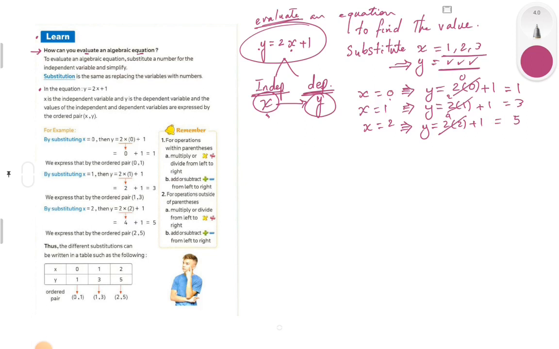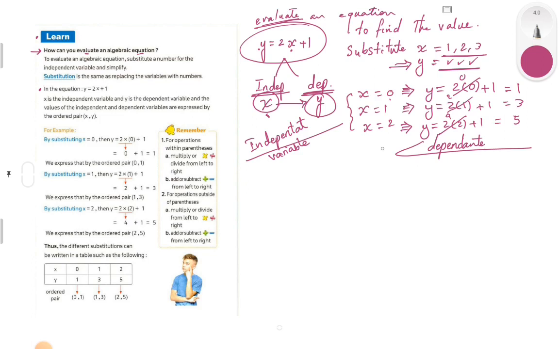Now I have three values of x, and I know that x is the independent variable, right? And y the dependent variable. Okay.